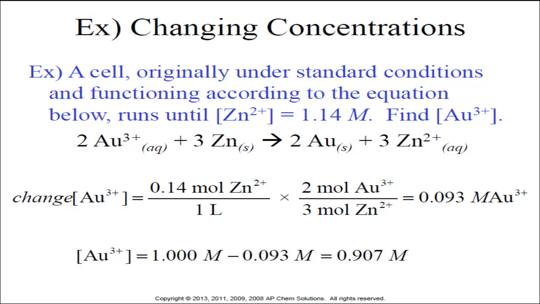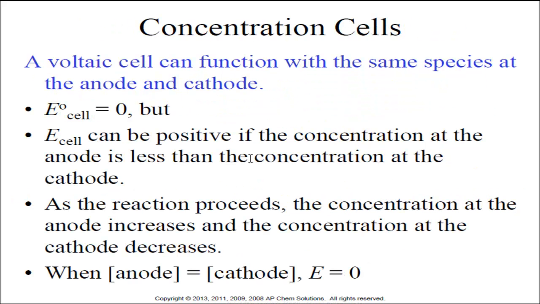If we have a cell that's originally under standard conditions, functioning according to our equation here, until your zinc concentration is 1.14 molar, we're going to find the concentration of gold. What we can do here is simply use some stoichiometry, some dimensional analysis.